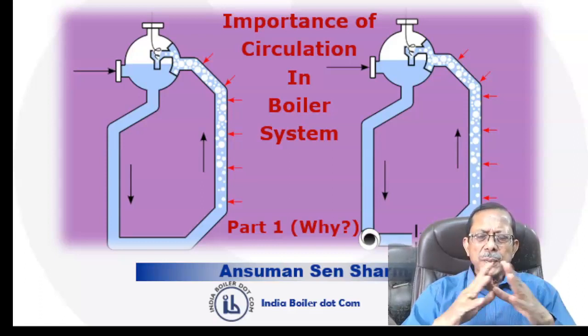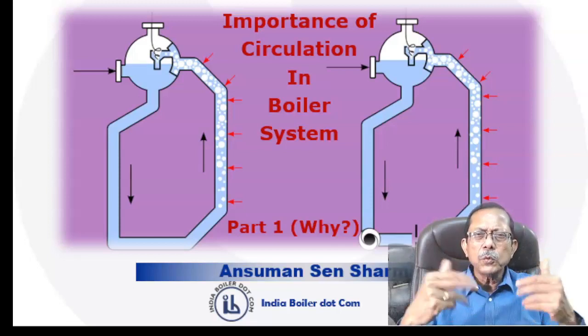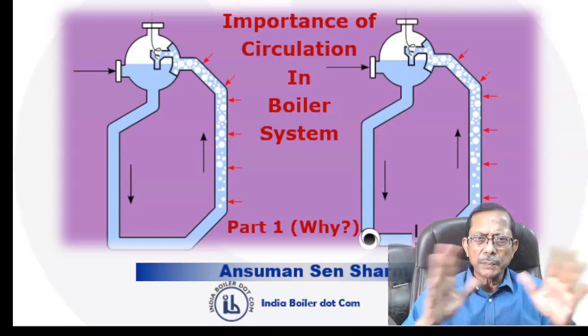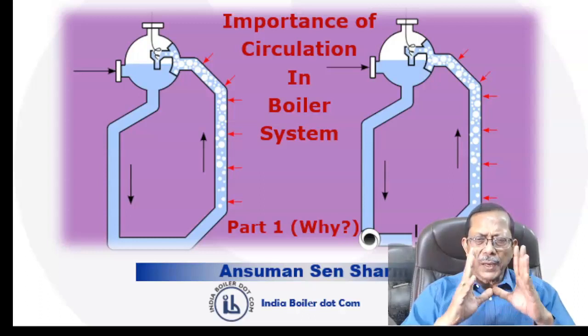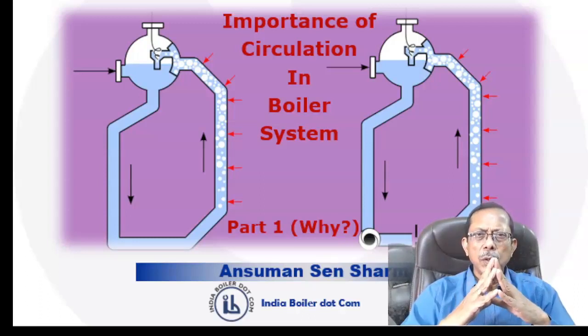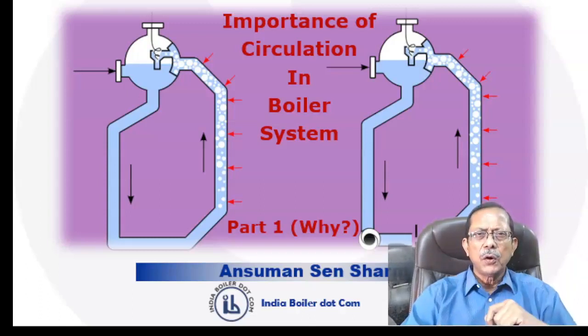So in this particular video, I'm going to talk about the circulation system in the evaporator. Actually, there will be two parts in this. I won't be able to complete it in one single video. So in part one, I am going to talk about why the circulation, that is, what is the objective of this.